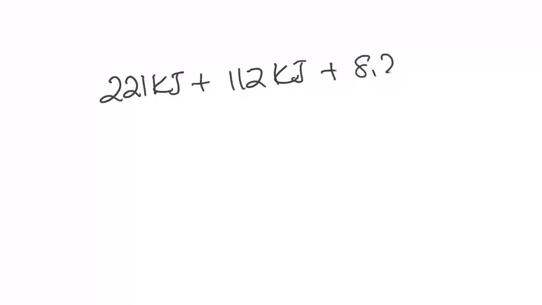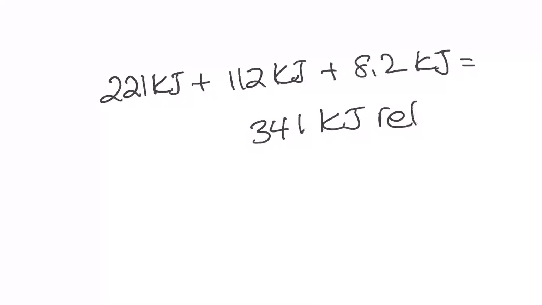So the last thing I do is take the 221 kilojoules plus the 112 kilojoules plus the 8.2 kilojoules, and I get a final answer of 341 kilojoules of energy is released.